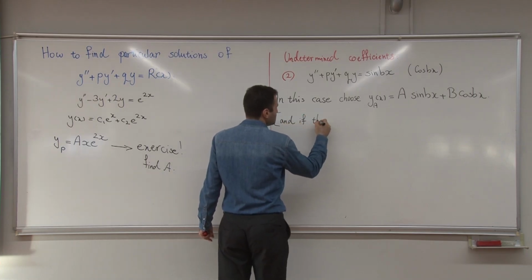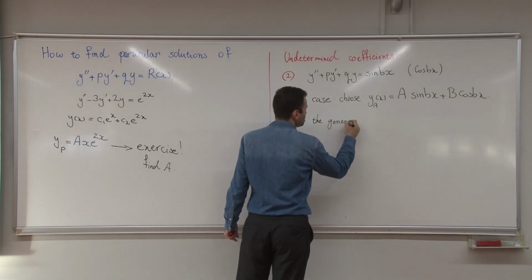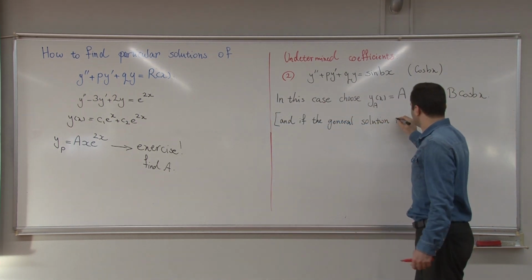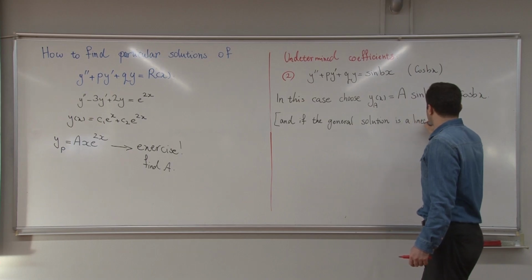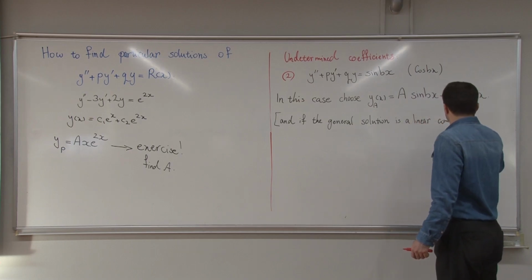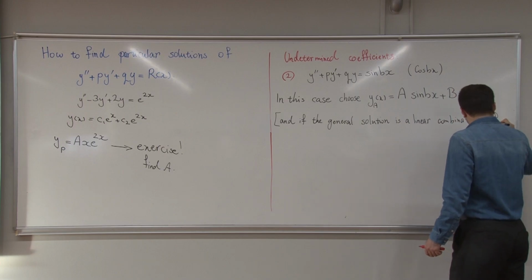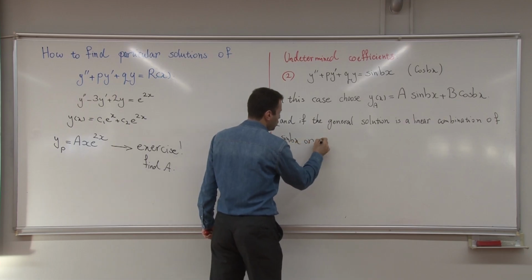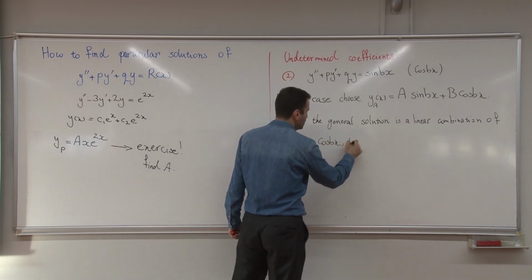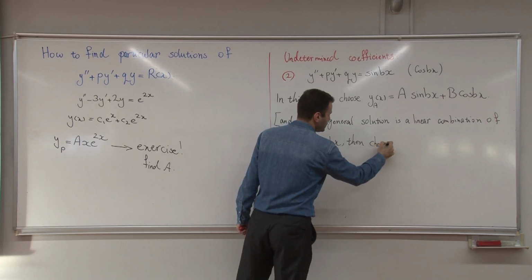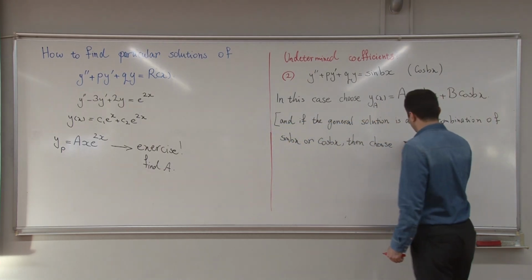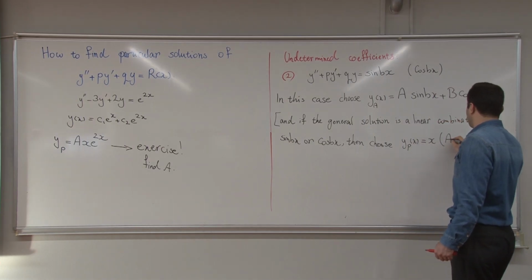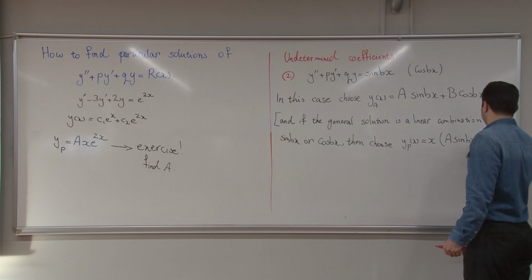And if the general solution is a linear combination of sine of bx or cosine of bx, then choose yp of x equal to x times a sine of bx plus.